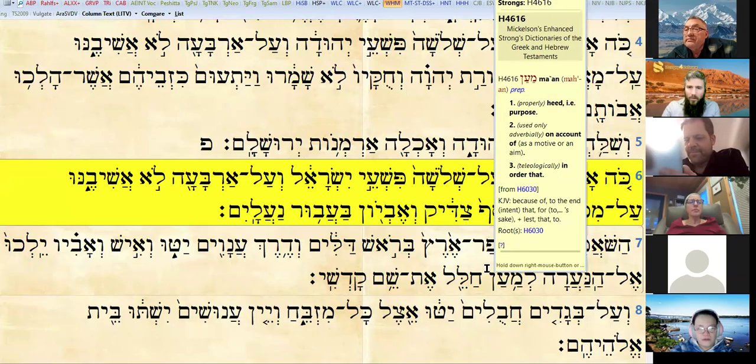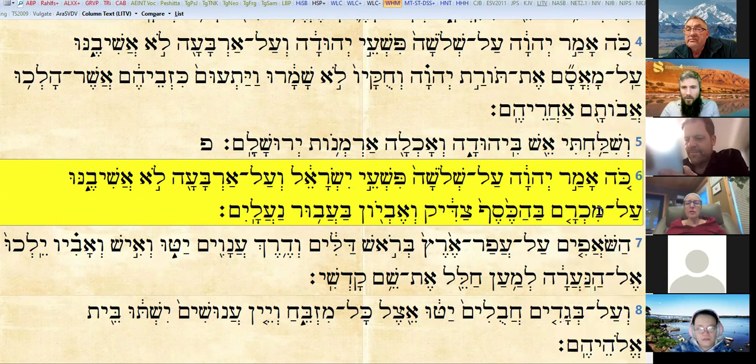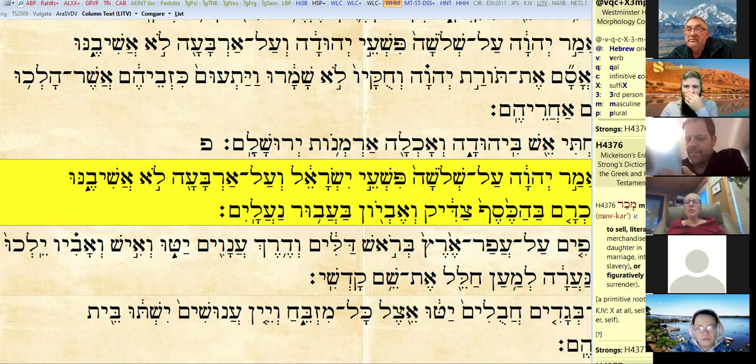There we go. Yep, there it is. This is calling it a kal verb infinitive construct with a third masculine plural suffix. Infinitive construct. Of course it is.